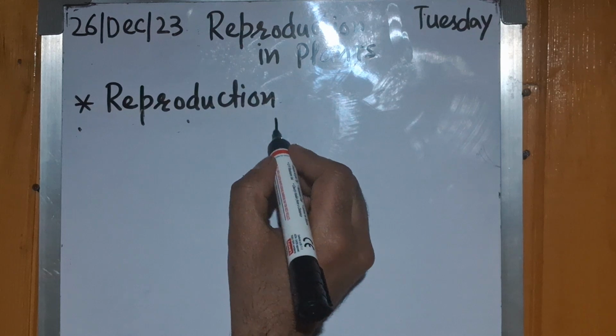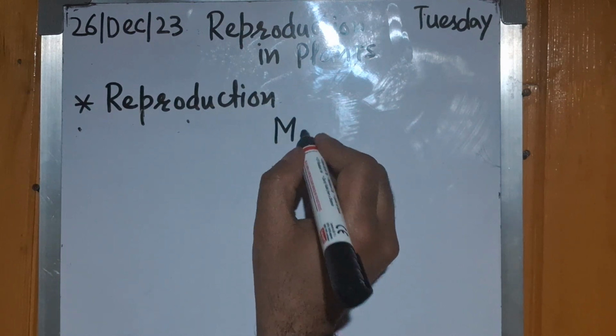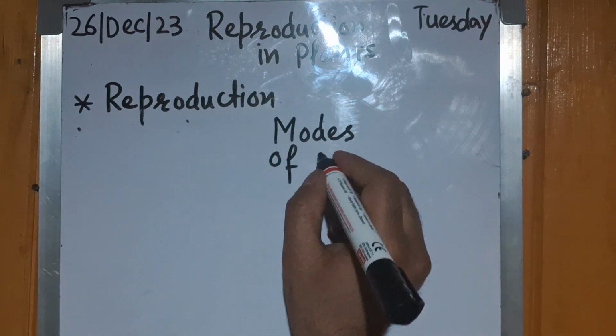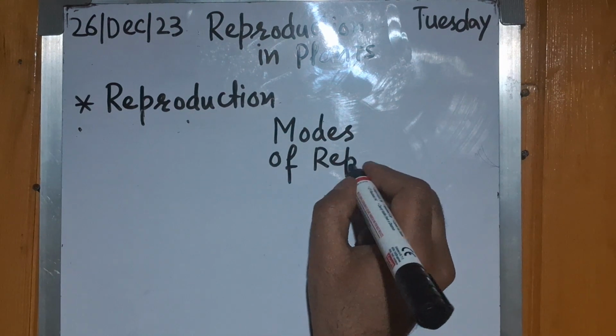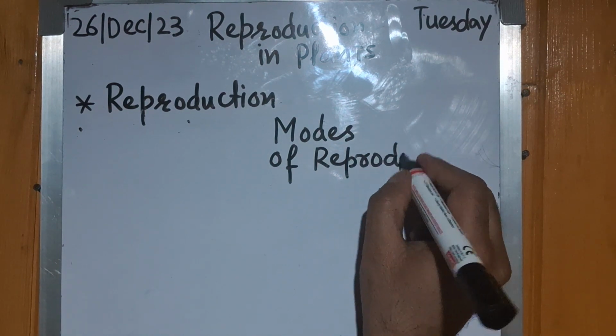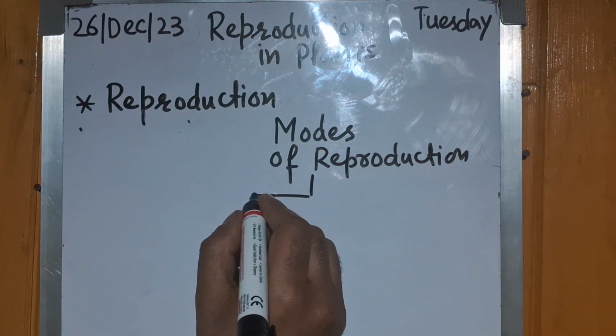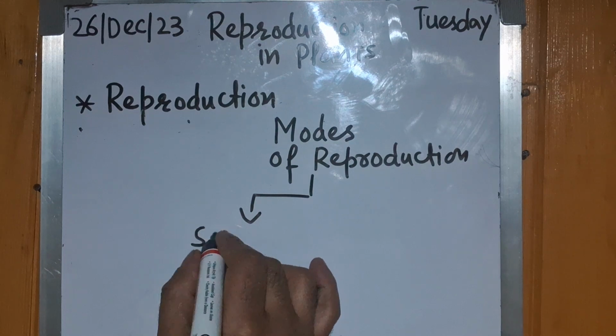Now we will study the modes of reproduction. One mode that is used by plants is known as sexual mode of reproduction. Another mode of reproduction is asexual mode of reproduction.